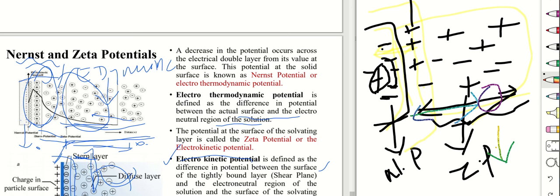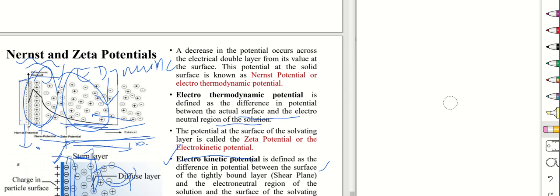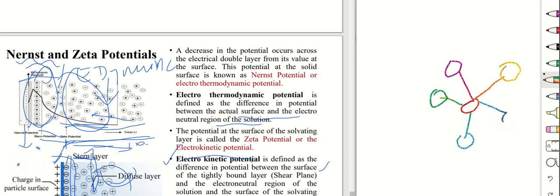Flocculation means the arrangement of particles. For example, this is the arrangement, it's loosely packed, floccules together. This actually indicates a lower potential barrier between the particles.